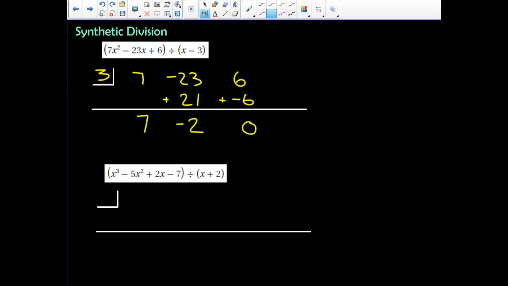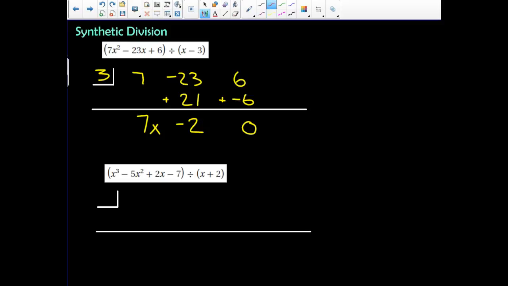What does it mean when 0 is a remainder? It divides in evenly, which actually means that x minus 3 is a factor of 7x squared minus 23x plus 6. 0 is your remainder, 2 is your constant, 7 is your x term. Just a little side note here.